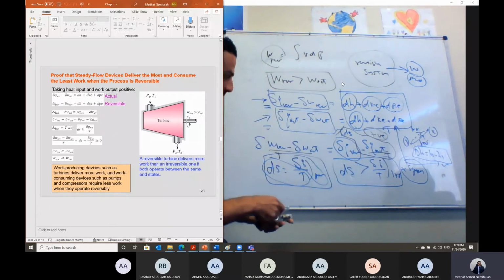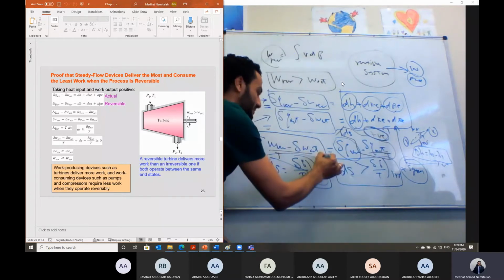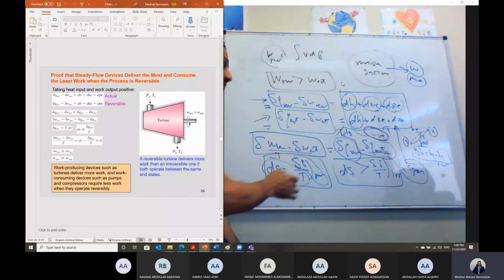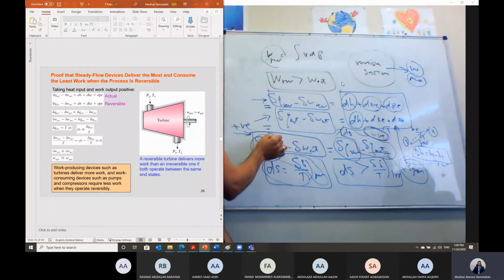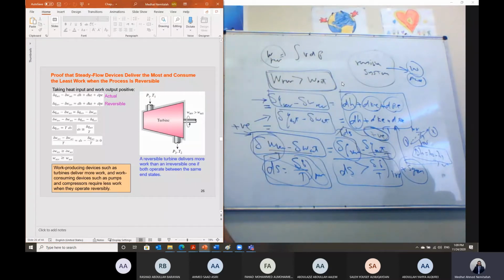That means the whole right-hand side term should be a positive value. It is equal to delta work reversible minus delta work actual, divided by T. If this term is positive, that means this term is positive as well. And this term cannot be positive unless the reversible work is greater than the actual work. Is it clear, Shabab?